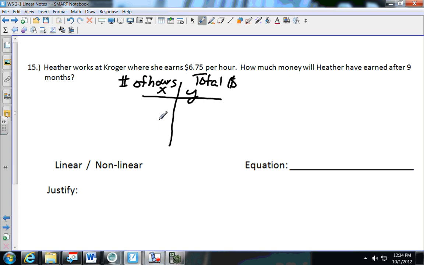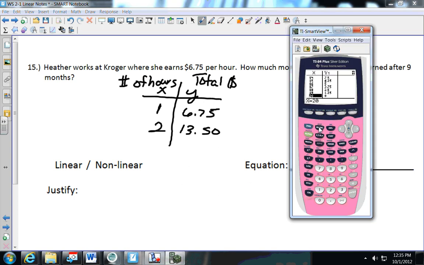So you would start off by saying after 1 hour of work, she has made $6.75. After 2 hours of work, how much has she made? $13.50. And yes, I'm using my noggin, but remember, we can go in here and do 6.75 times 2, 6.75 times 3, which gives me, what is that, 20.25?